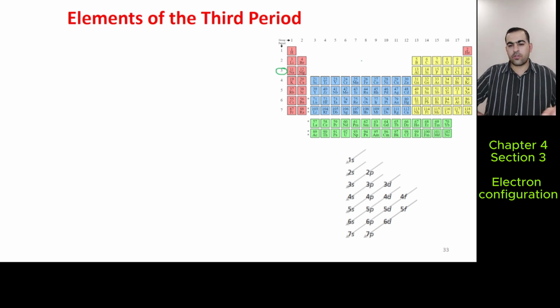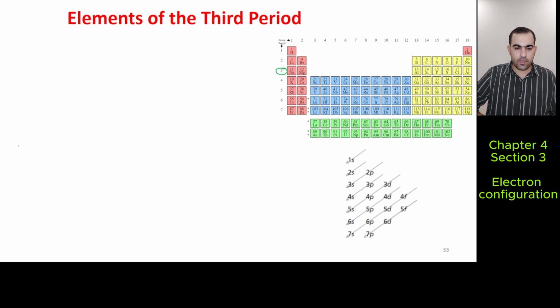So if we start the electron configuration for sodium, Na 11, we start from 1s2, 2s2, 2p6, then 3s1. Remember, after 2s comes 2p, and after 2p comes 3s. Check: 2 plus 2 plus 6 plus 1 is 11.